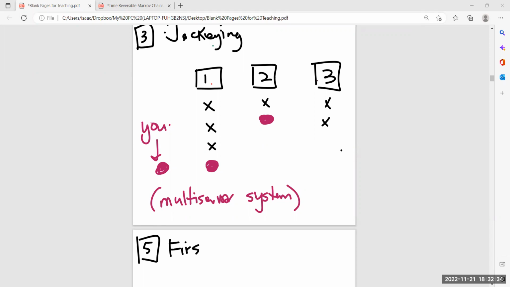reneging is normally when you have a multi-server system. And balking is normally when you have a single queue. So balking occurs when the size of the queue matters, right?